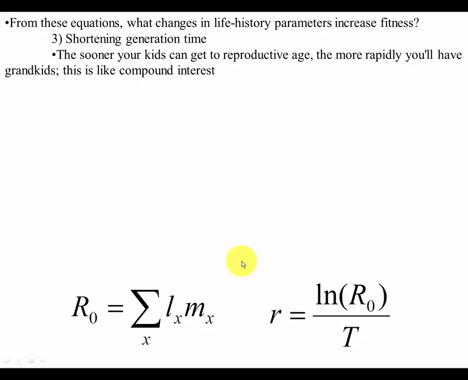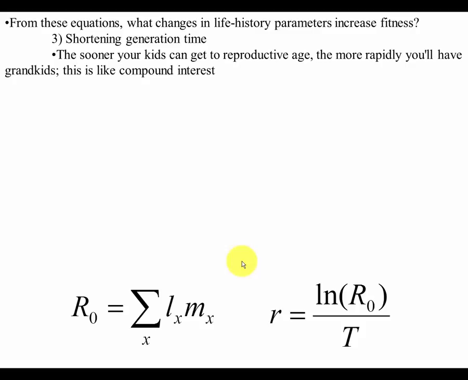The reason for this is that the sooner you can get offspring out into the world and growing up themselves, the more rapidly they will be able to reproduce. It's like putting money into the bank early in your career rather than late. If you put money into the bank earlier in your career, it has lots of time to gain interest, and that interest will start gaining interest.